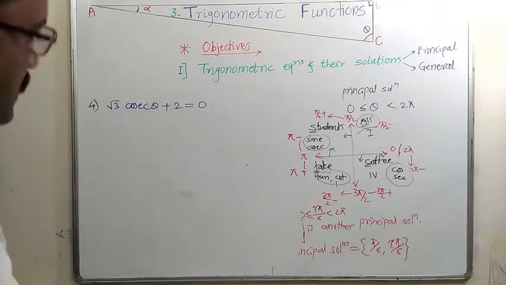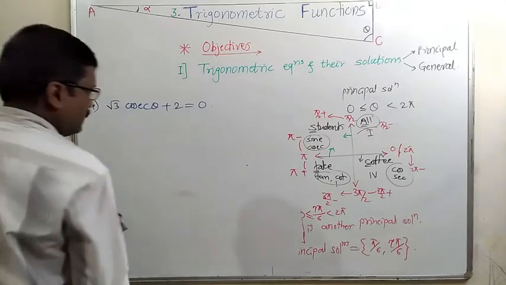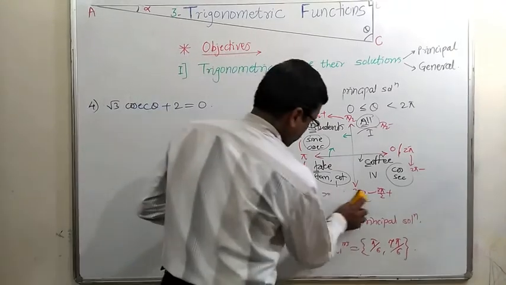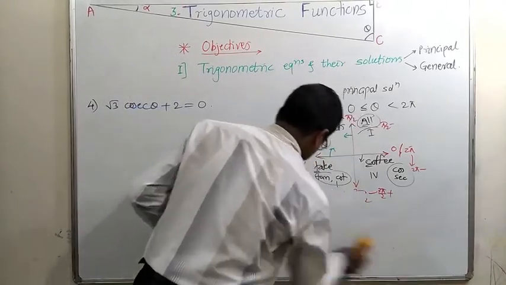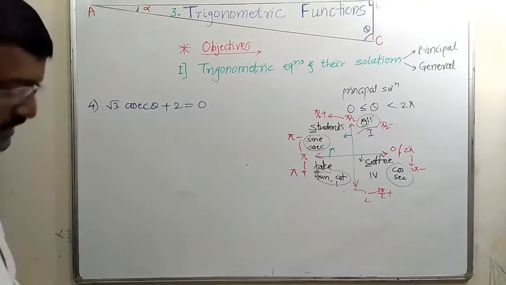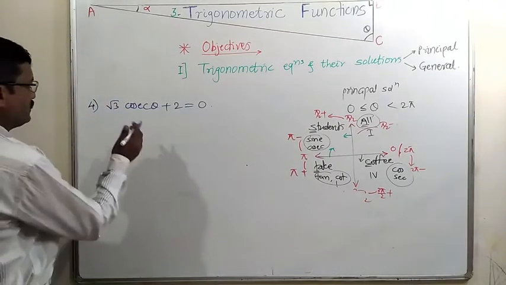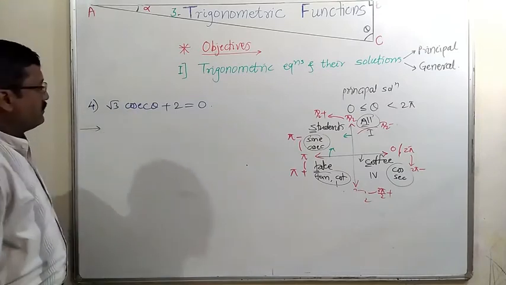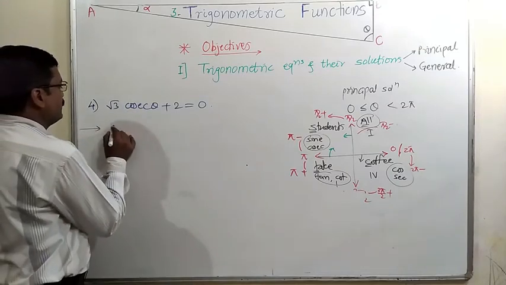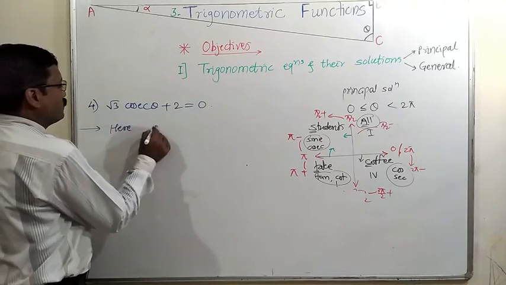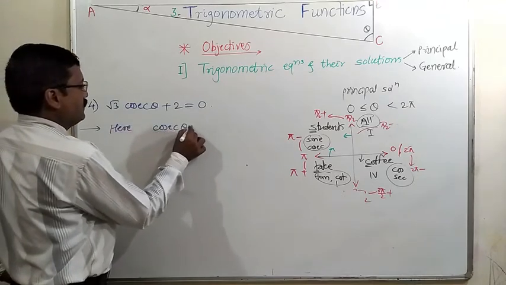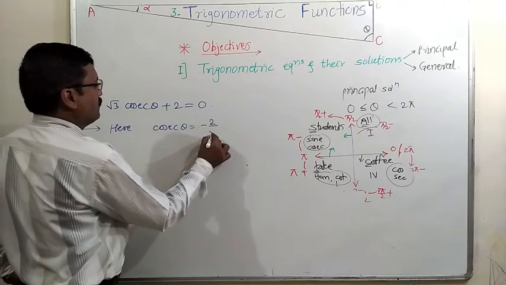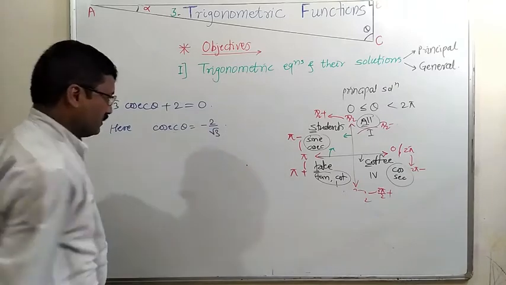This is somewhat different, but it is very similar to the previous examples. Let us use the same method to solve this equation. First write the value of cosec theta from this equation. Here, cosec theta is equal to minus 2 upon root 3.